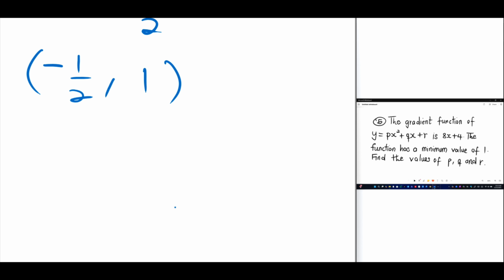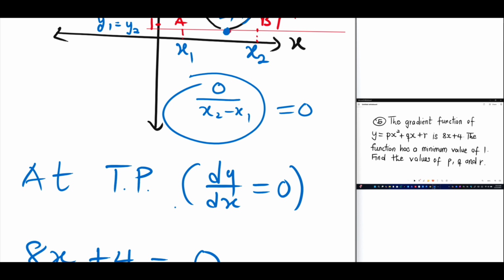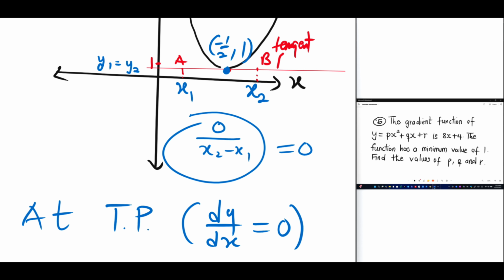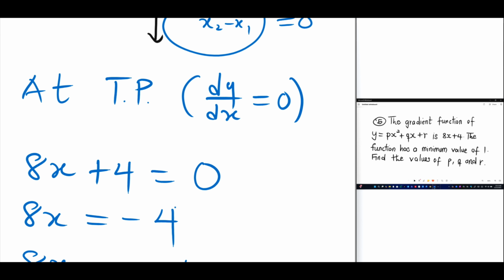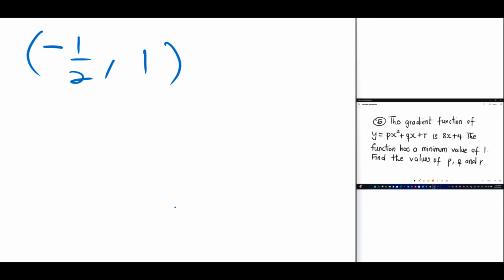Now you could say the point is on the curve and at the same time on the tangent. So anytime you have a point on a line or on a curve, that point satisfies the given curve or line.